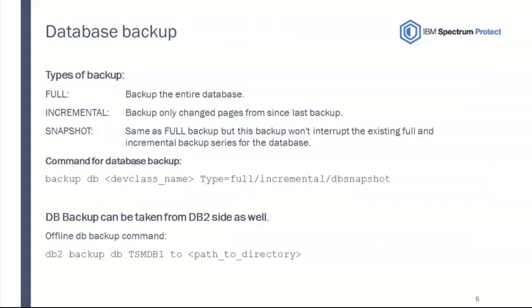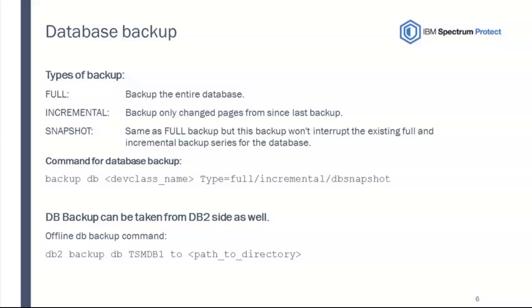Now moving to slide 6. For any disaster recovery, we must have a database backup. In Spectrum Protect, we have 3 types of database backup: full backup, incremental backup, and snapshot backup.